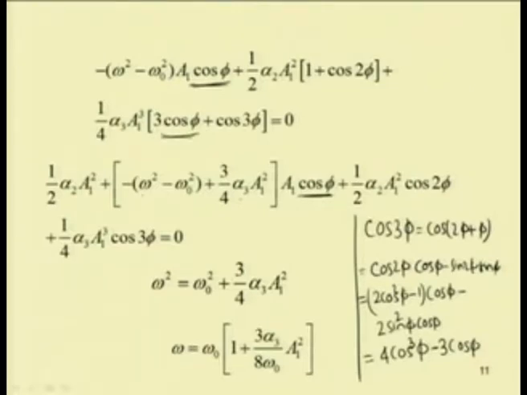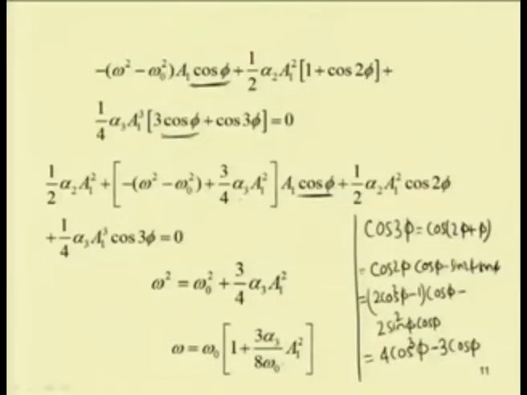From this, omega square will be equal to omega 0 square plus 3 by 4 alpha 3 a 1 square. Taking the square root, omega will be equal to omega 0 square plus 3 by 4 alpha 3 a 1 square to the power half, and expanding binomially, this is equal to omega 0 into 1 plus 3 by 8 alpha 3 by omega 0 a 1 square, by taking a single term, a single harmonic.